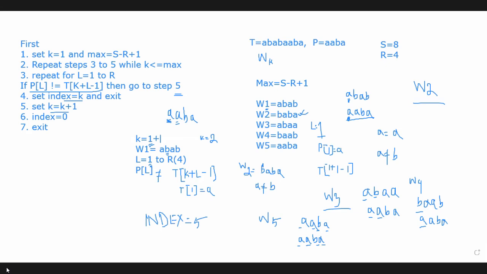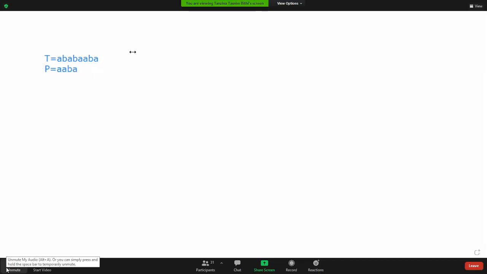So I'm just writing it here again. Our text is A, B, A, B, A, B, A. That is the text. And the pattern is A, B, A. And I'm just writing all the substrings here. W1 equals A, B, A, B. W2 equals B, A, B, A. And what about W3?